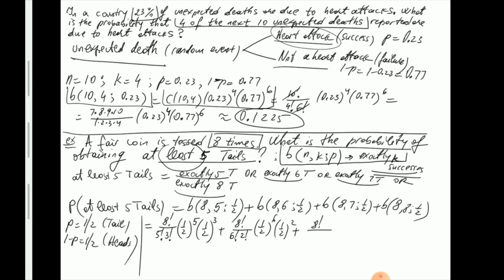Then 8 factorial over 7 factorial 1 factorial, 1 over 2 to the 7, 1 over 2 to the first. Remember, the exponents always add up to the number of trials: k and n minus k. So 5, 8 minus 3; 6, 8 minus 2; 7, 8 minus 7. And finally, the last one, 8 factorial over 8 factorial 0 factorial, 1 over 2 to the power 8, 1 over 2 to the power 0. I put that 1 over 2 to the power 0, which is actually 1, just for convenience, so you can follow the formulas.